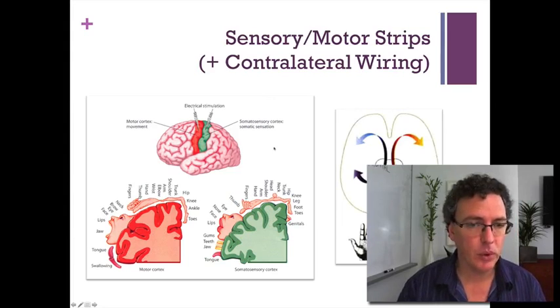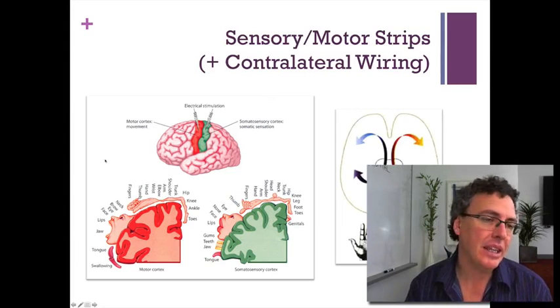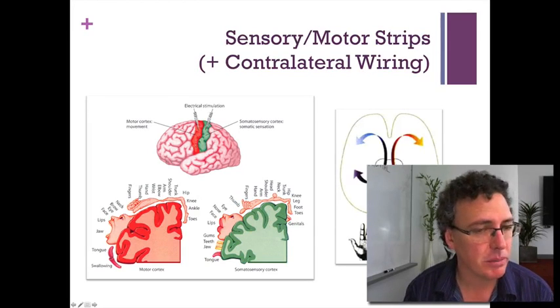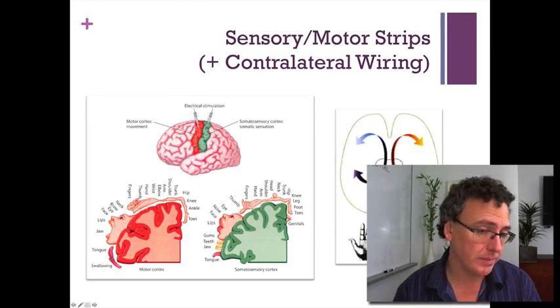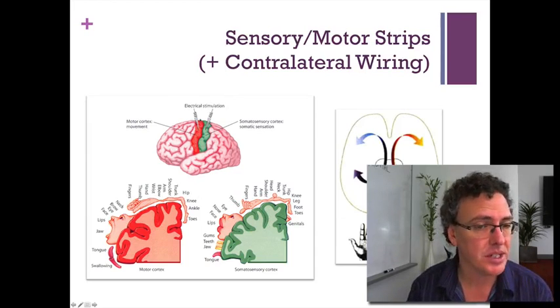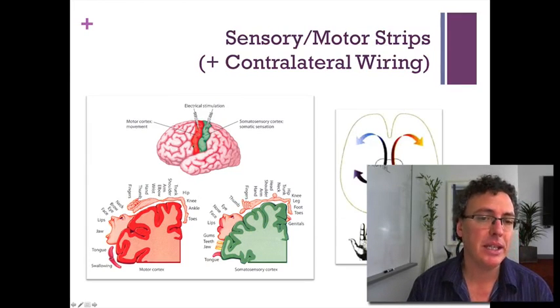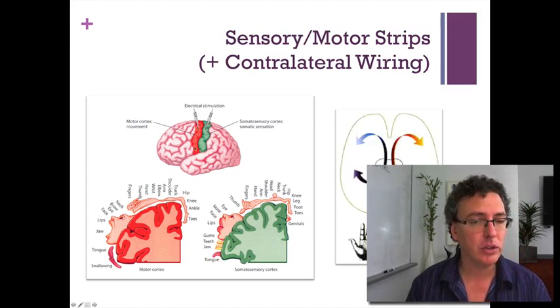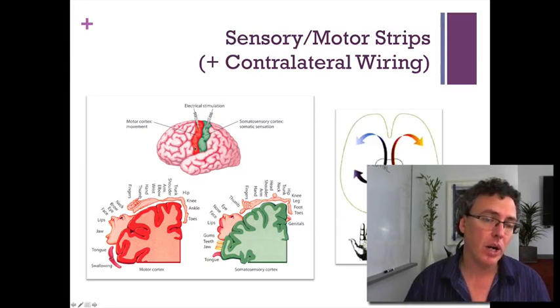Okay, so let's come back. You've seen this figure before, and I think I already told you that for the motor cortex, it's a very similar story to the one we told for the somatosensory cortex, but the major difference is that this is about output. So this cortex in the frontal lobe controls our body in terms of the actions that we produce.